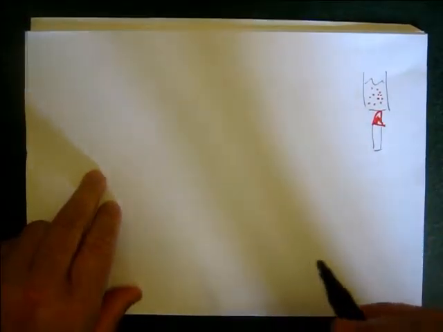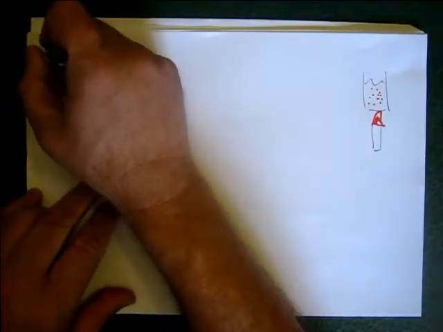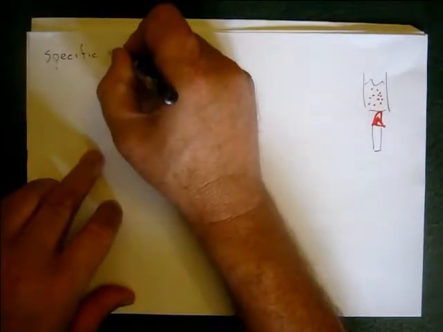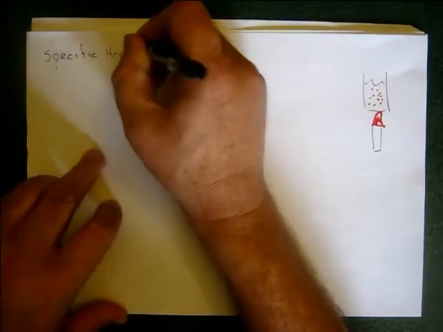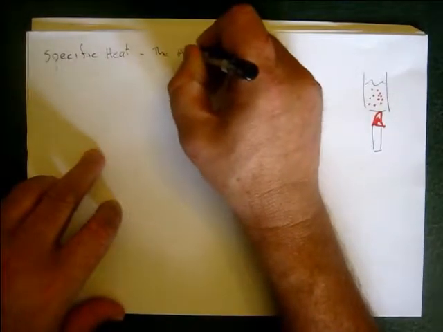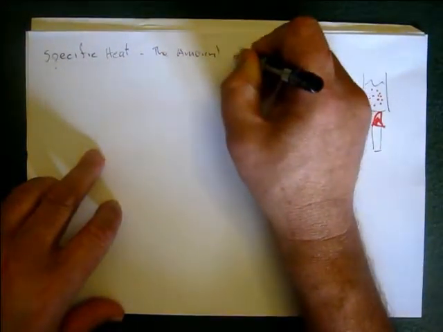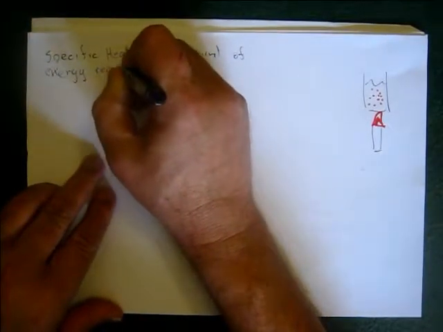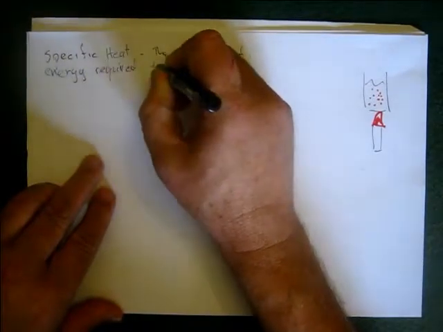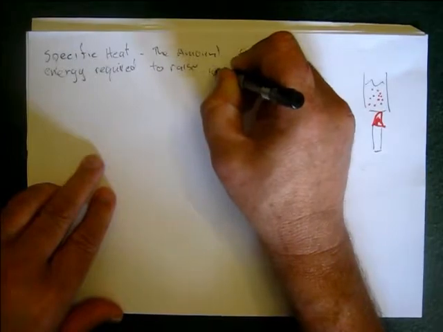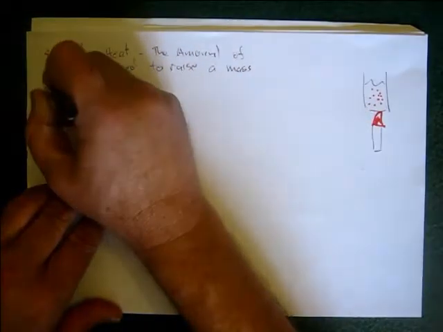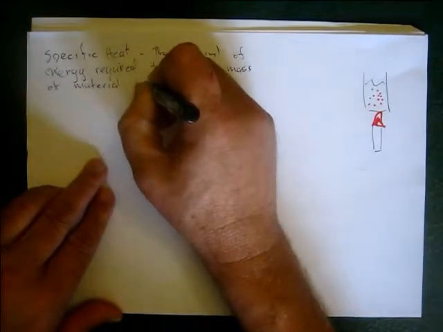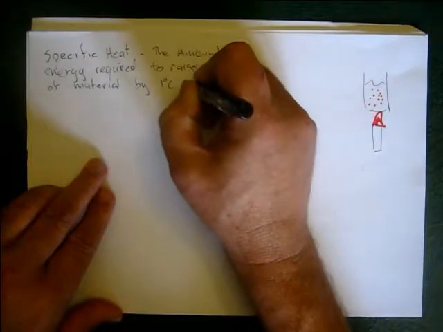So each substance has what we call a specific heat, or specific energy, and this is the amount of energy required to raise a mass of material by 1 degree Celsius, or 1 degree Kelvin.